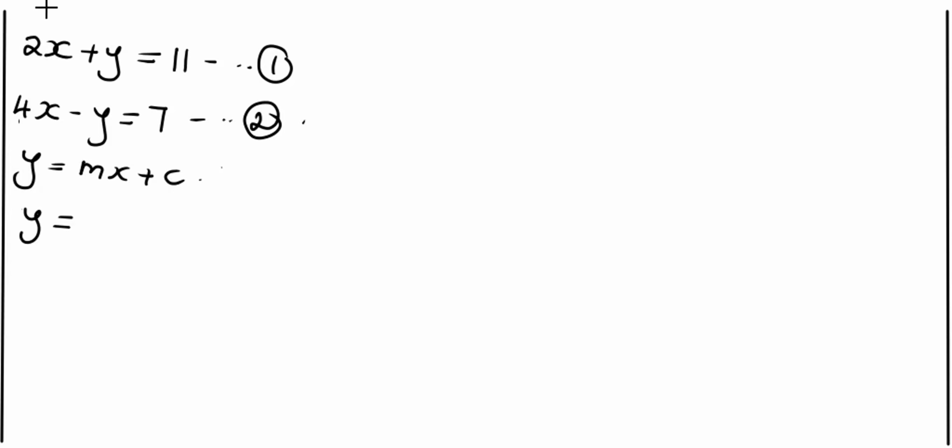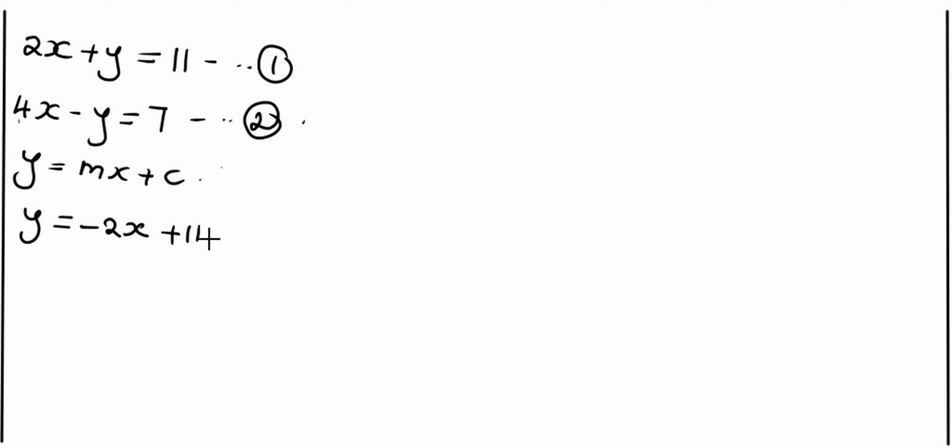We move all of it to the other side. So now here it was positive, on the other side it will be negative, so it will be minus 2x. Now it is in this format mx, then plus c, we have 11 here, so it will be plus 11. And that equation 1 now is in this format here.